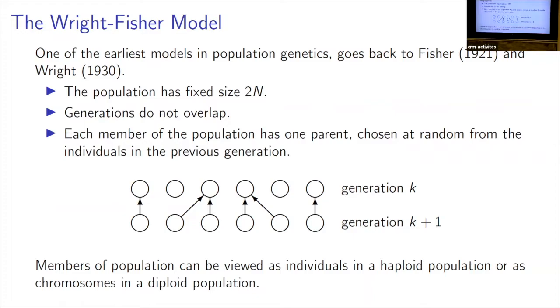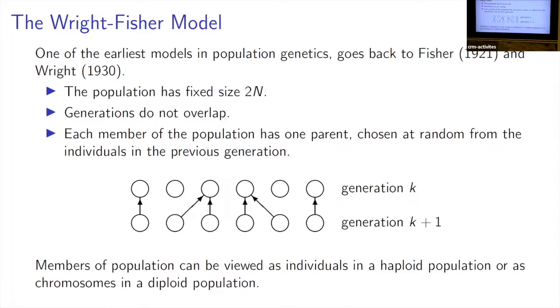Now, in biology, there is a distinction that's made between haploid populations in which individuals have one parent and diploid populations in which individuals have 2 parents. The Wright-Fisher model is set up as a model of a haploid population because individuals are assigned only one parent.